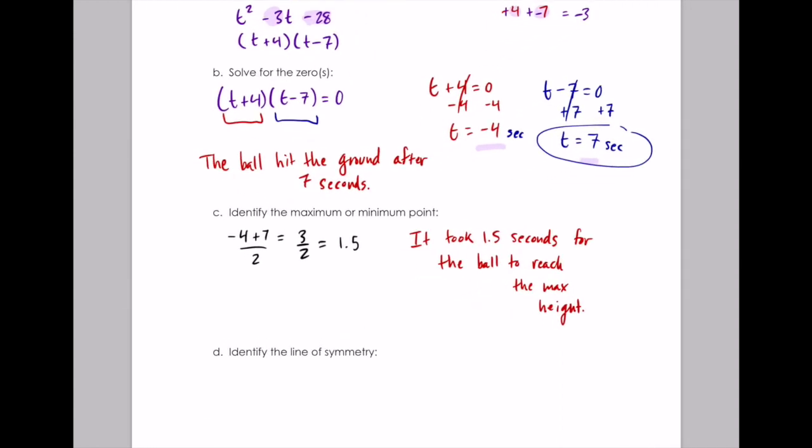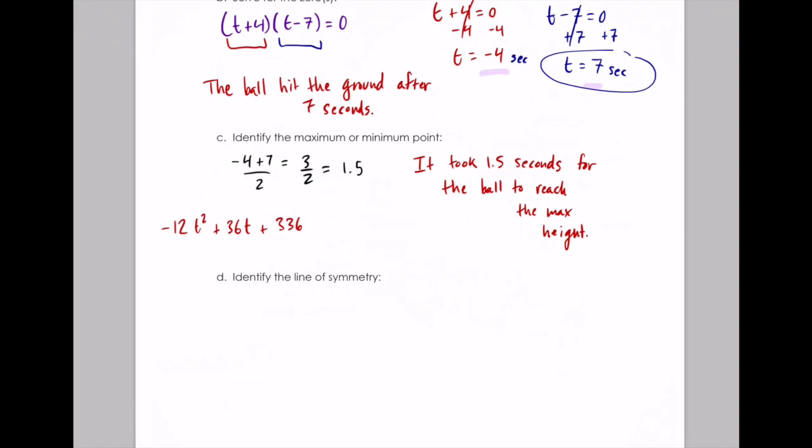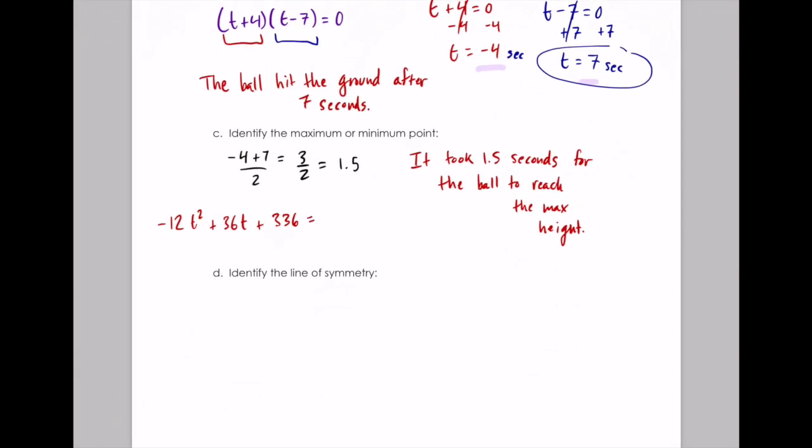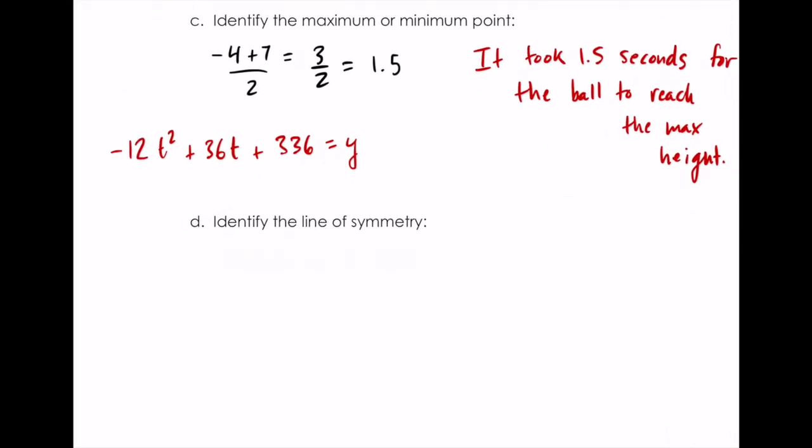So our function here is negative 12 t squared plus 36t plus 336. That tells us the height. So remember, our y value is our height. If we plug in 1.5 for t, those 1.5 seconds, we can get our answer.